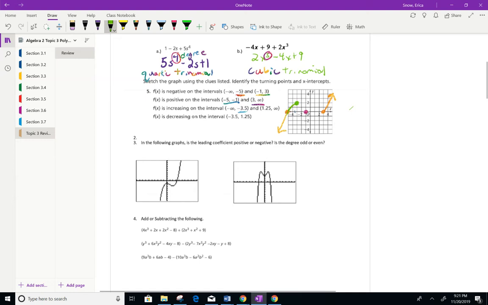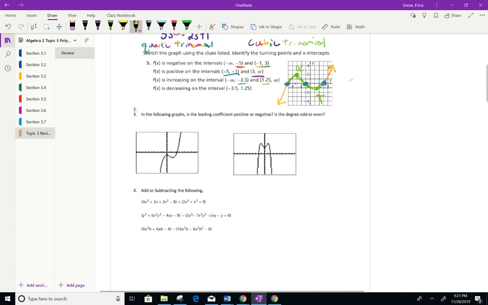So we can connect those. And then our other turning point is at 1.25. So 1.25, about there. And we're going to go through that point. So these are our turning points. And then our zeros are, of course, those points that are given by the negative and positive intervals.